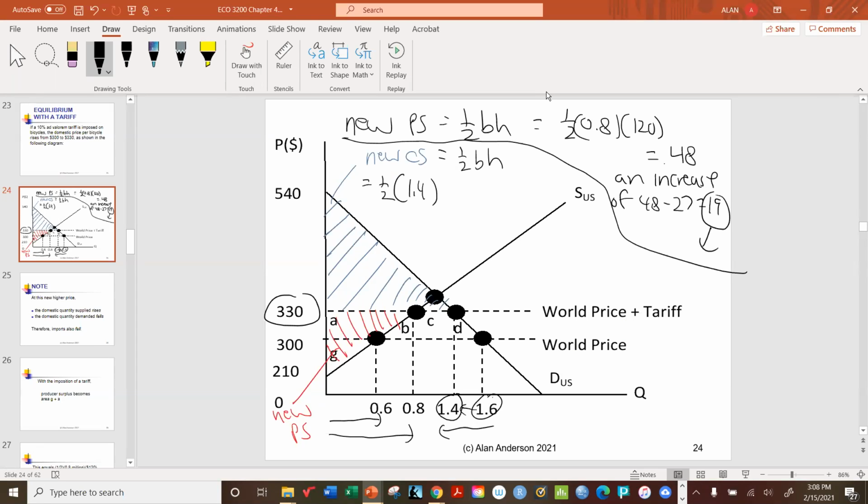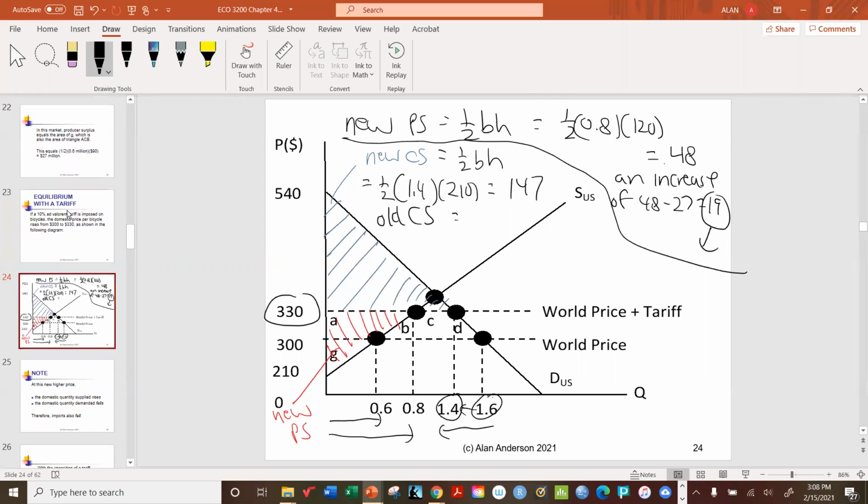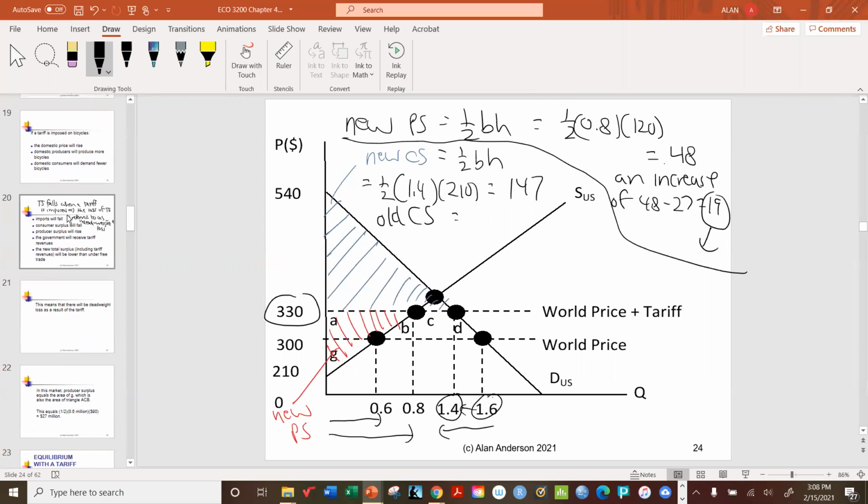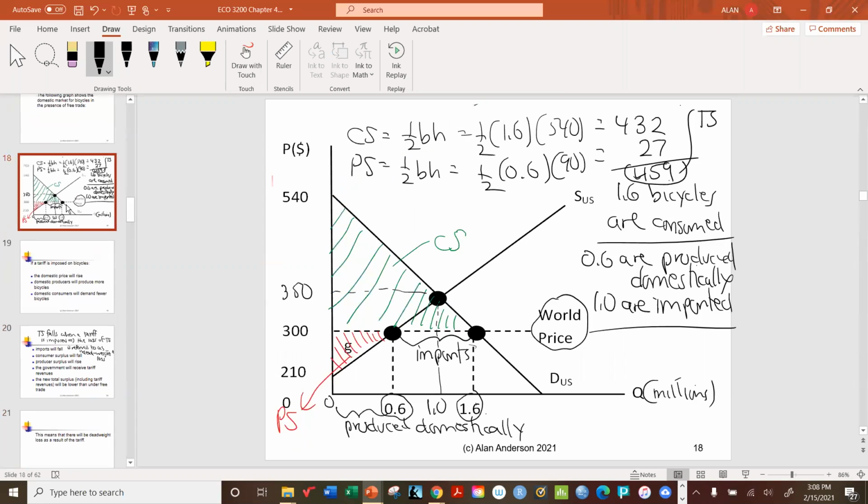So it is now worth $147. What was it before though? It was $432.